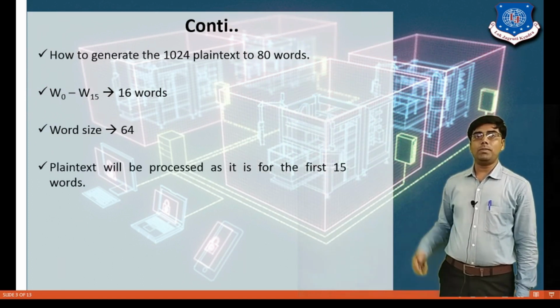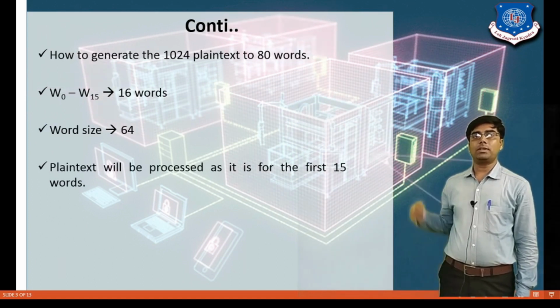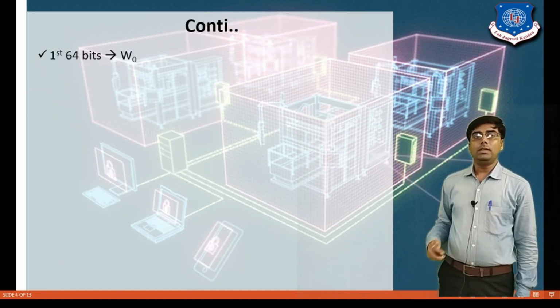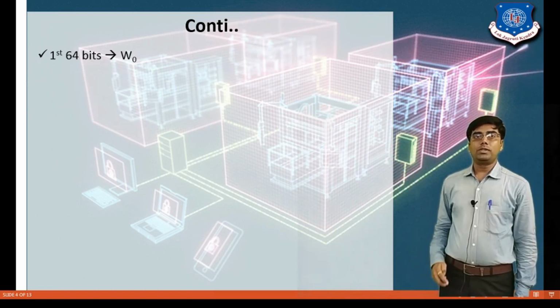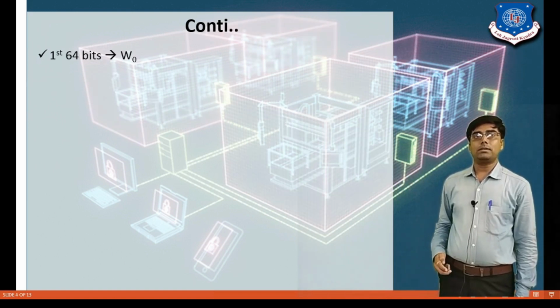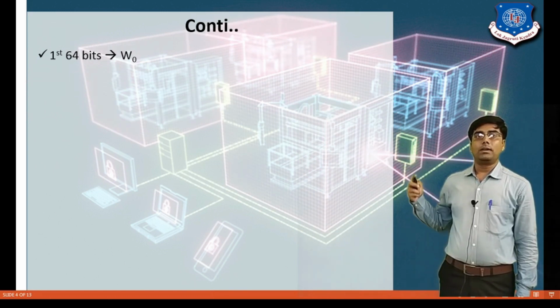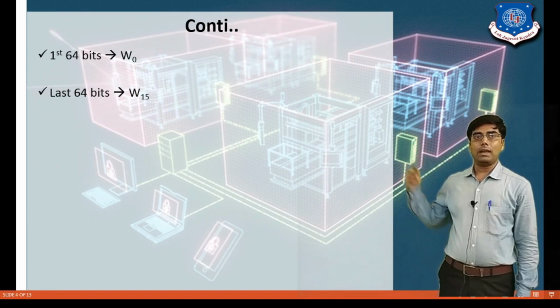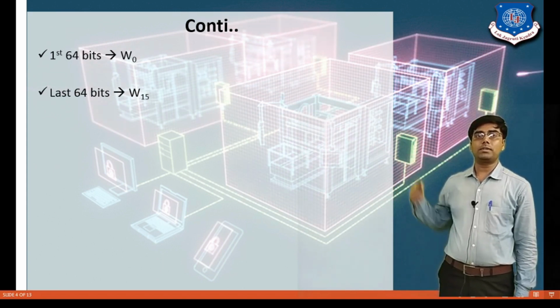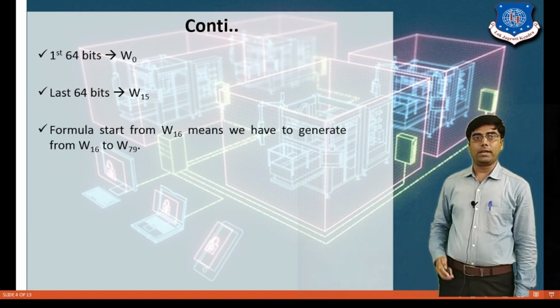The plain text will be processed as it is for the first 16 words. The first 64 bits come under the W0 word, the next 64 bits come under W1, and the last 64 bits come under W15.